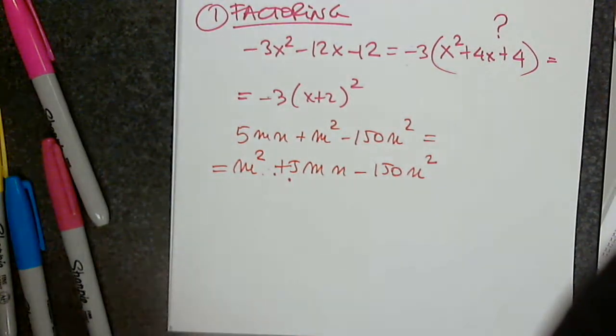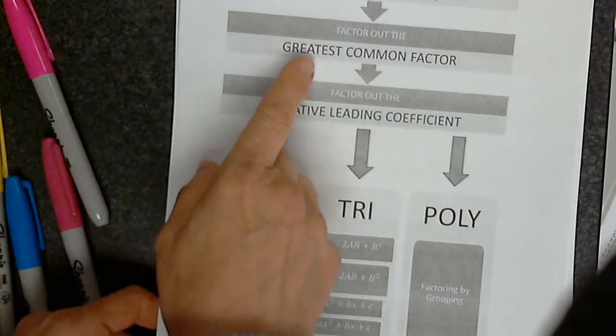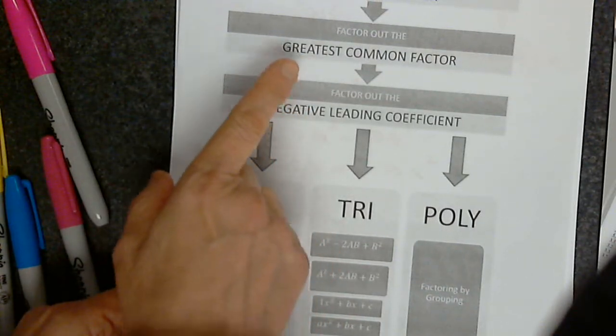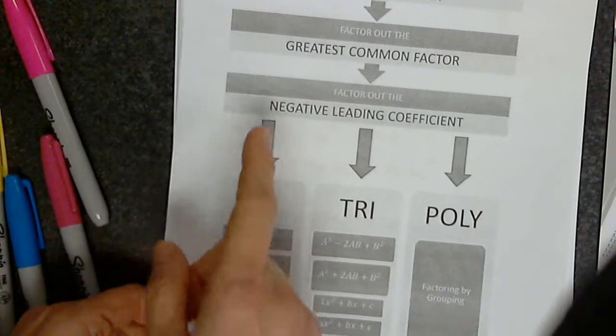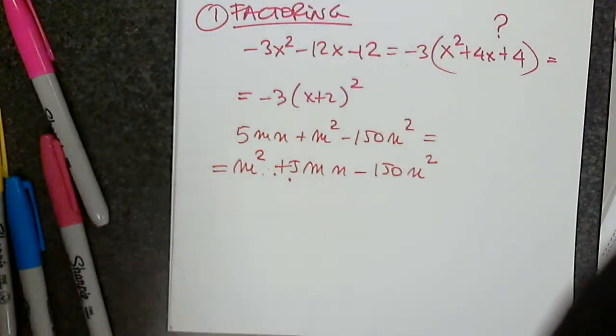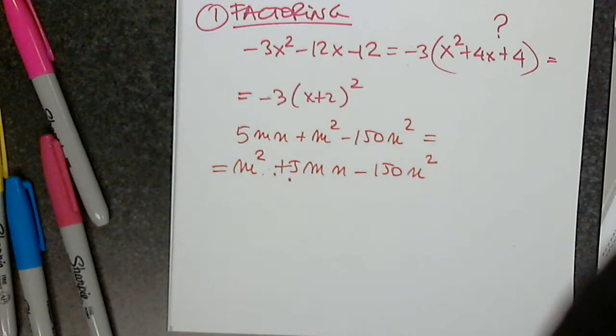I continue with my strategy. It says factor out the greatest common factor including the negative leading coefficient if the leading coefficient is negative. Good. Do these 3 terms have anything in common? No. Is there a negative leading coefficient that I could pull out? No. So, is this a special product?